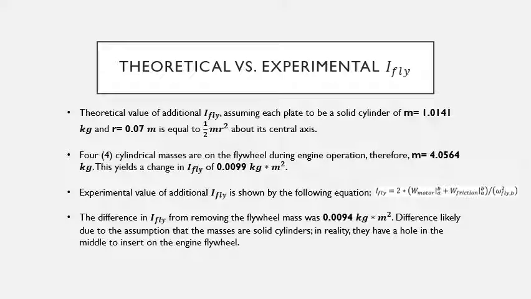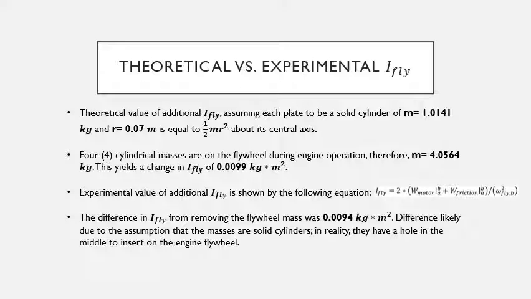We must now compare the theoretical to the experimental value for the flywheel moment of inertia to check the validity of our assumptions. We are given that the mass of each flywheel should be assumed to be 1.0141 kilograms, and the radius of each flywheel should be 0.07 meters, and we are to assume that each mass is a solid cylinder.